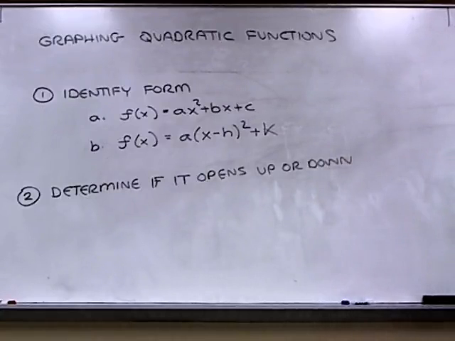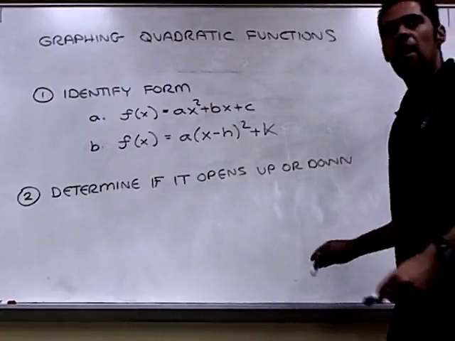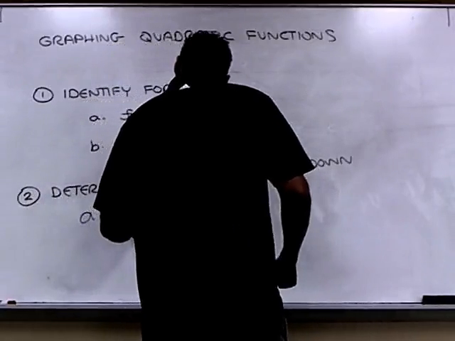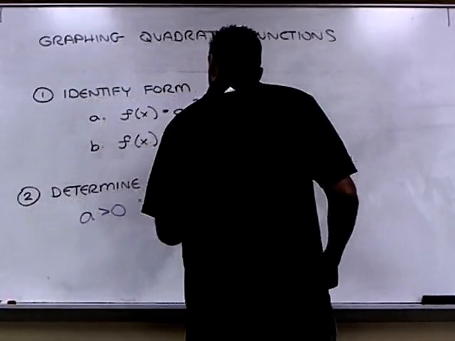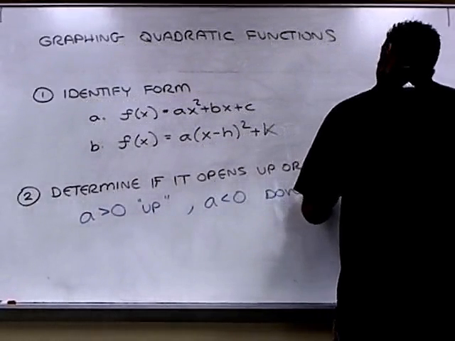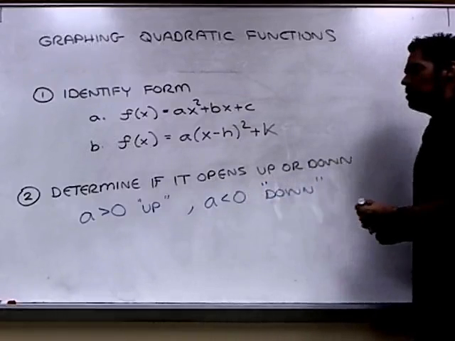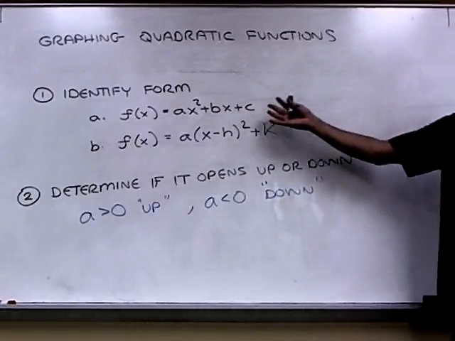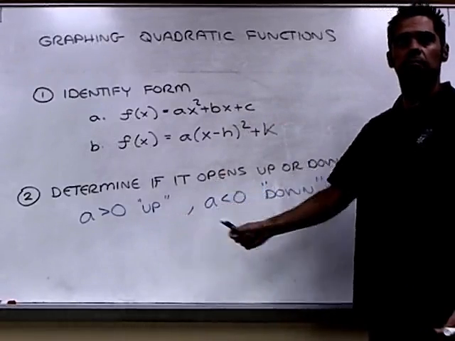Just by looking at A, right? So I'll just remind you here, A greater than 0 means up, A less than 0 means down. Do you think that that would be pretty easy to do? Just right off the bat? I mean, someone gives you a quadratic function, you can determine if it's up or down?